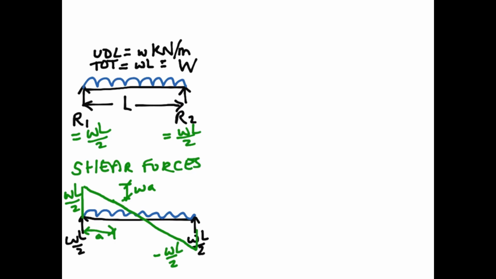The other thing to note is that you have a point of zero shear at midspan in this instance. Okay, so we're now going to go on to look at the bending moments, which is what we're focusing on.